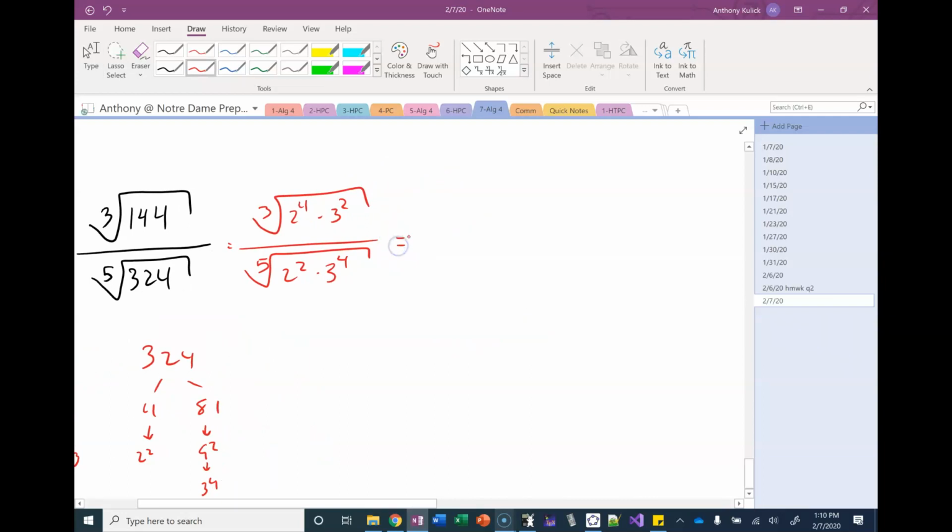I'm now going to rewrite these in exponential form. So I have 2 to the 4/3 times 3 to the 2/3 over 2 to the 2/5 times 3 to the 4/5.